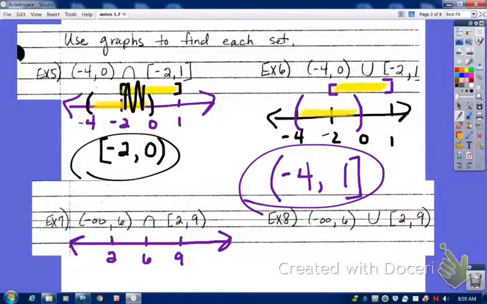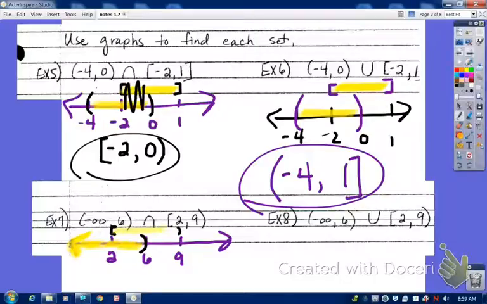Graph -infinity to 6. That'd be shade the left arrow, go all the way up to 6, put a parentheses there. And then you're going to graph that with bracket 2 to 9, all the numbers from 2 to 9.